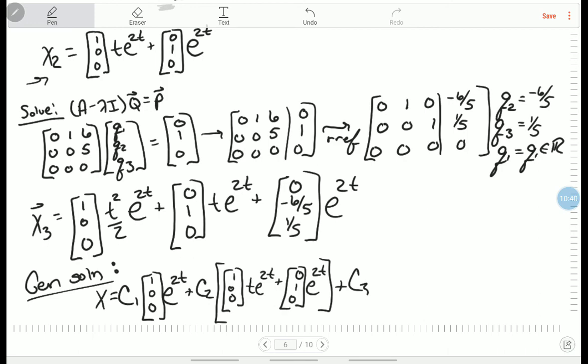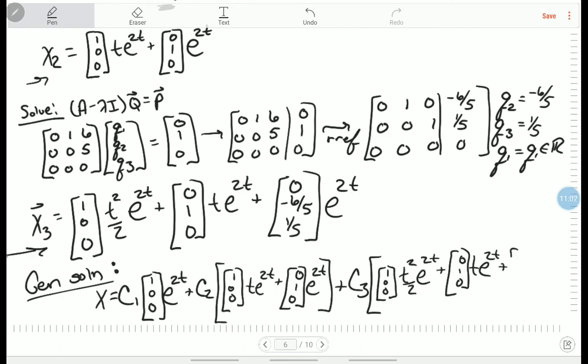Plus it's going to be C3 times all of that. So there's our general solution for this particular problem.